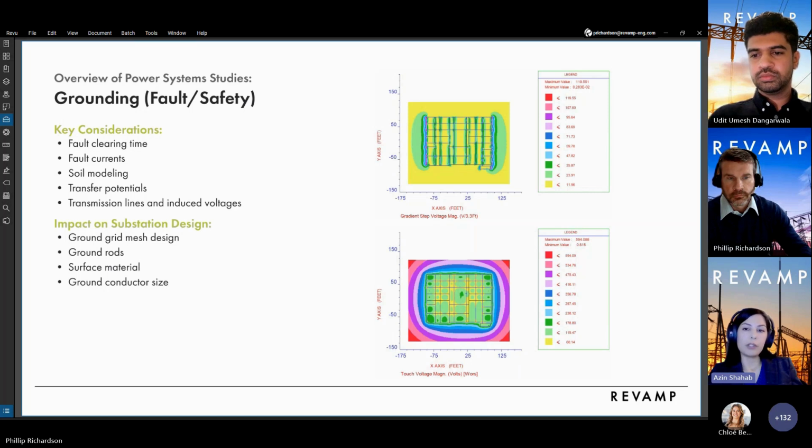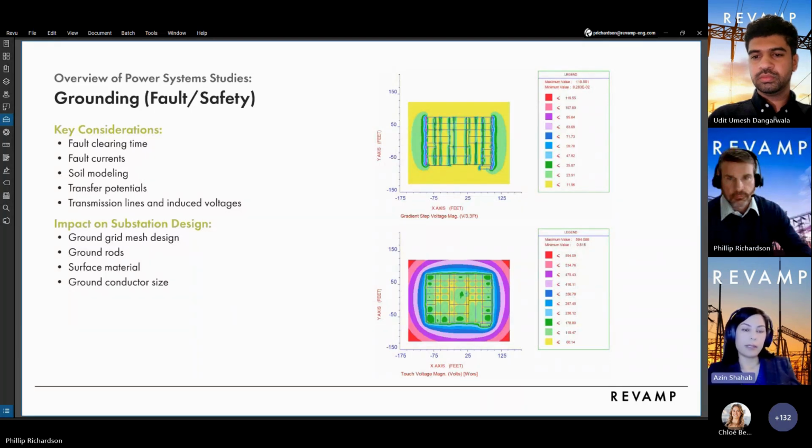Also, transfer of potential and induced voltages due to nearby transmission lines or even underground cables. On the right side of the slide, you see plots generated by the grounding studies software CDEGS showing the step and touch voltages during a fault event at the substation.